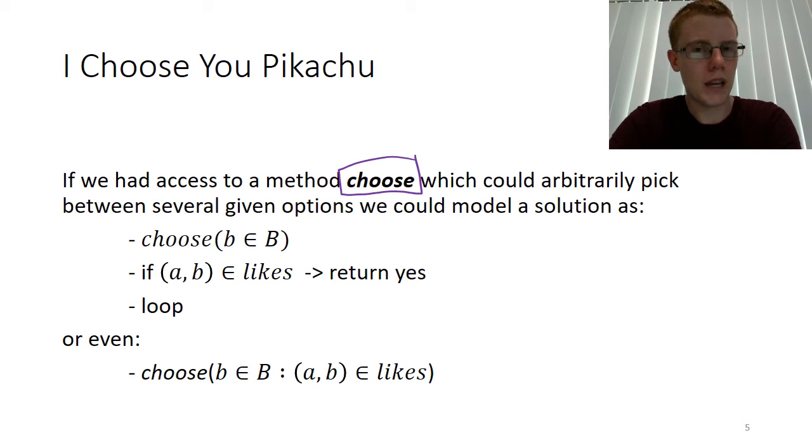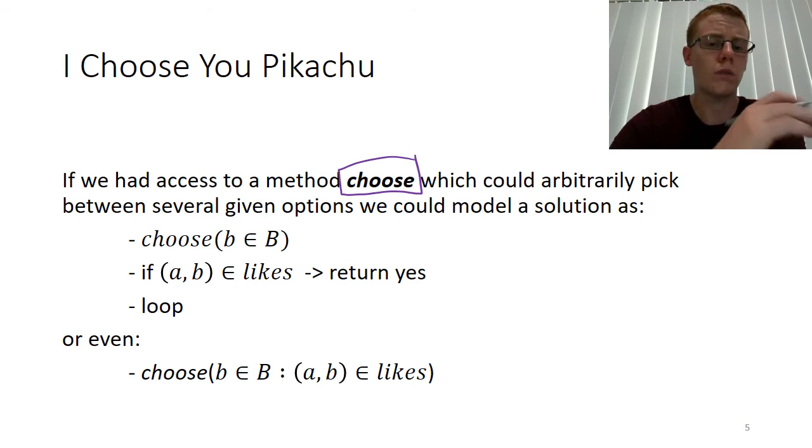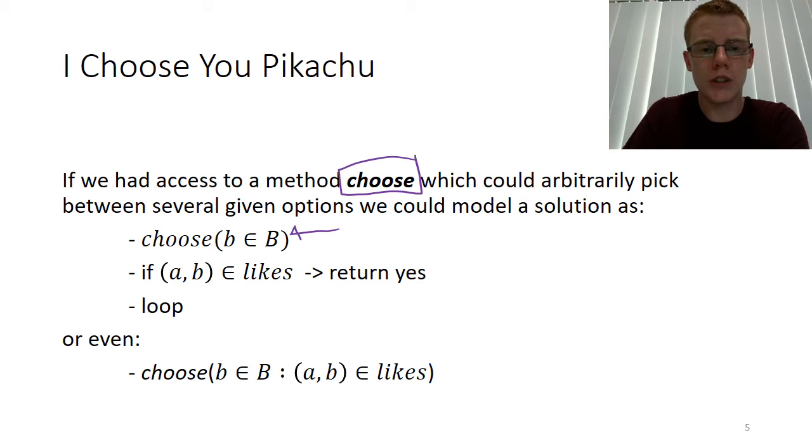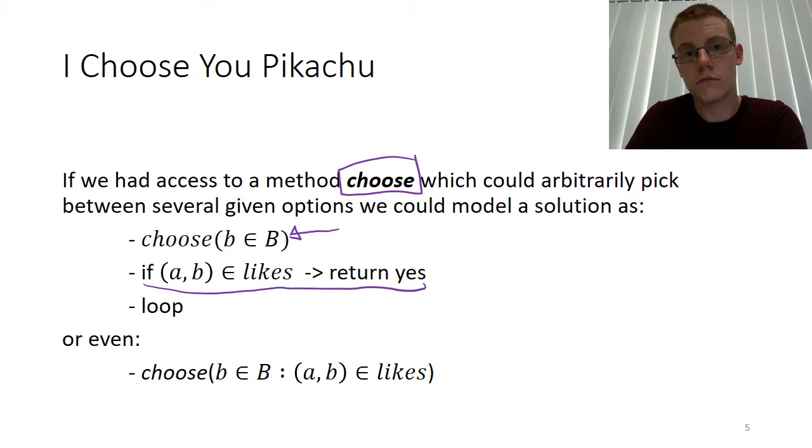If we had a method that did that, so we gave it a series of possibilities and it simply returned one and we didn't care how it picked it, then we could model the solution to the problem we had before as simply: choose some element of B, then if A and B is in likes, return yes, because we've found something that is in there.